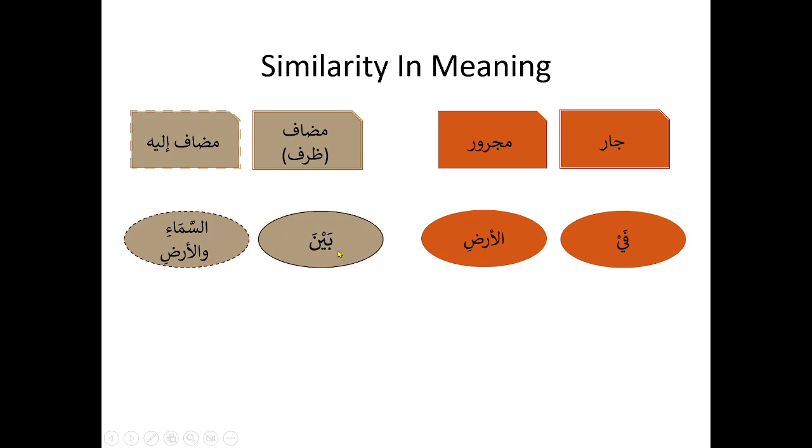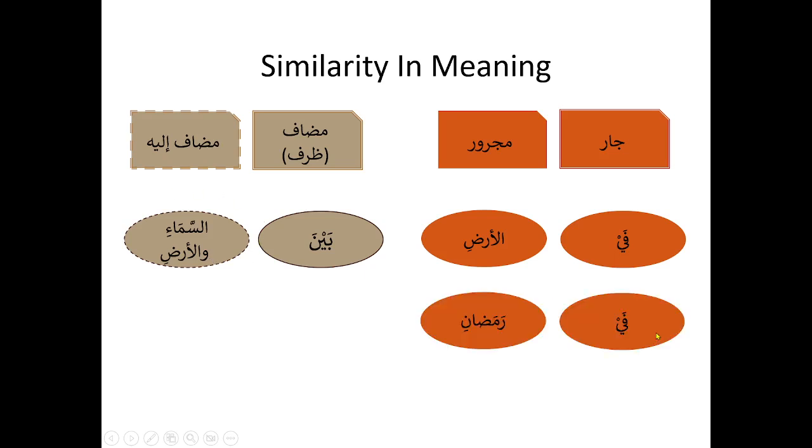This is an isim, baina. It's mabni, and it's a zarf. This is half of jar, fi. You have other halves of jar: min, ala, ila, li. These are all halves of jar, but they are halves, and they're also mabni. One is a half, one is an isim, but the meaning is to show where, to answer the question where.